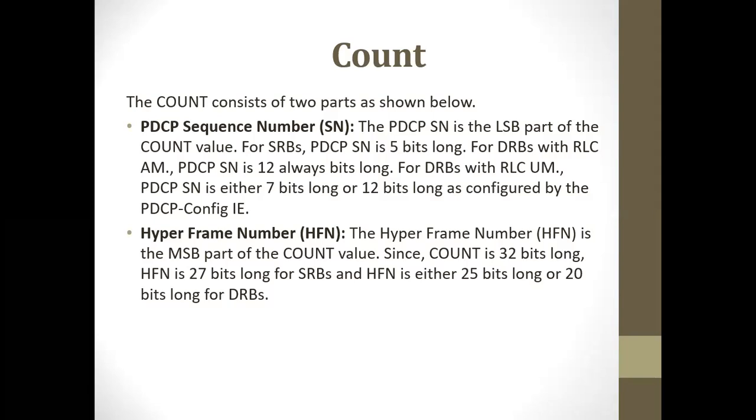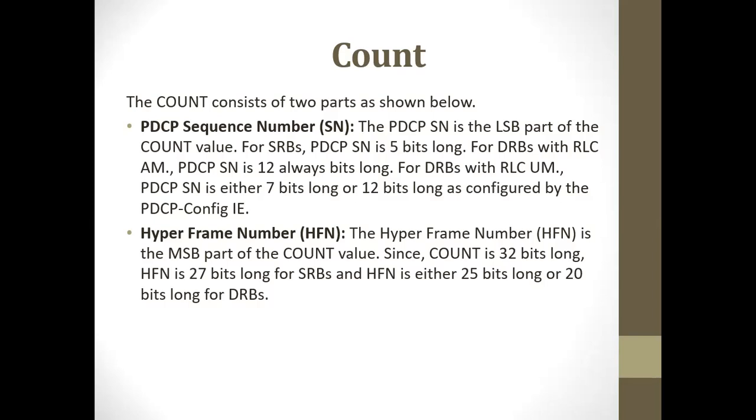For DRBs with acknowledged mode, the PDCP-SN is always 12 bits long, and for UM there are 2 options. There are slow applications like voice, where you can use 7 bits. But for high data rate, maybe you're watching a movie, so there are so many packets, you can use 12 bits.